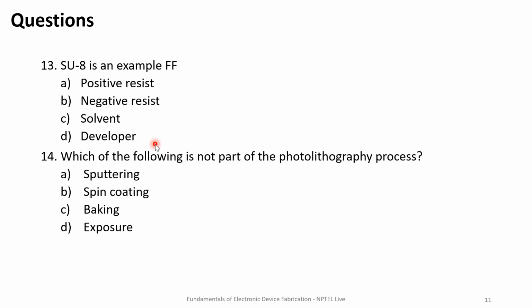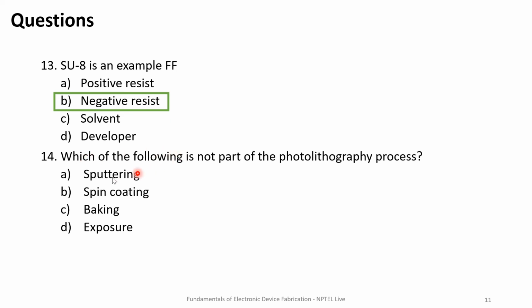Just a random try you can try. I'll give you a clue. It is a resist. Now you can think whether it's a positive resist or a negative resist. Yeah, it's a negative resist. So SU8 is an example of a negative resist.